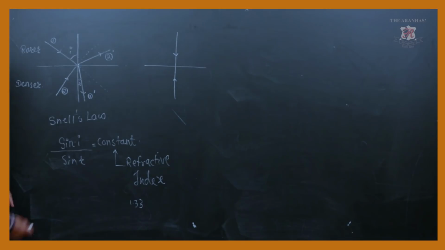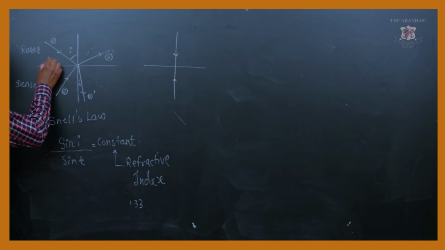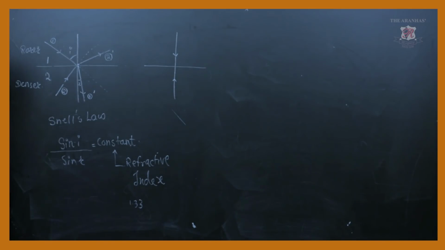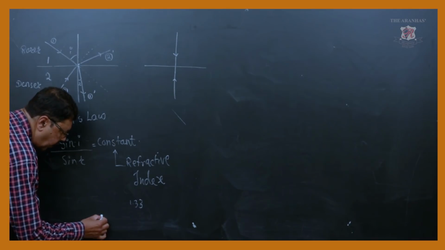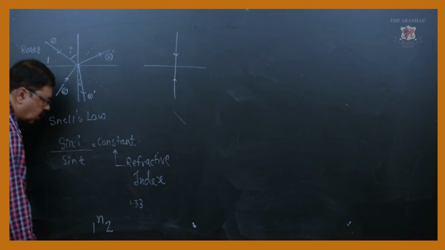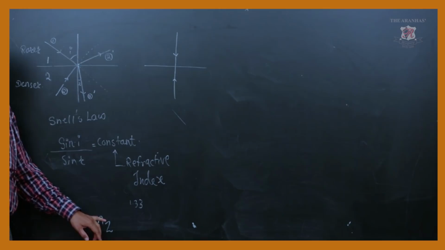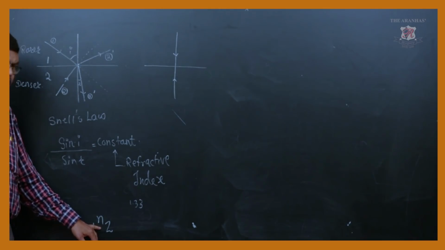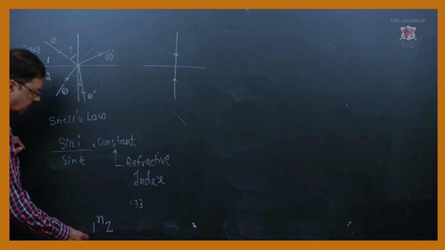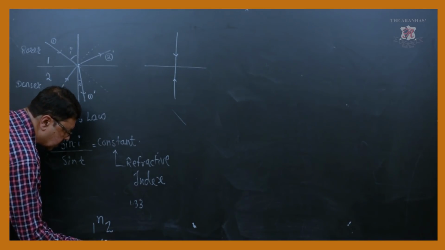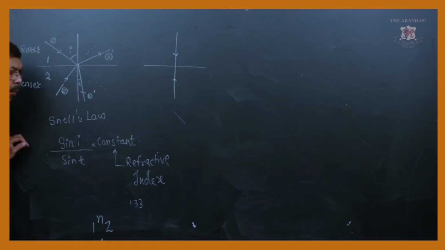Now how it is written? If I consider this as medium 1 and this as medium 2, then the refractive index is written as 1n2. In some cases, in 10th standard textbook, they have used letter n, but in some cases, the letter n is replaced by this Greek symbol mu.